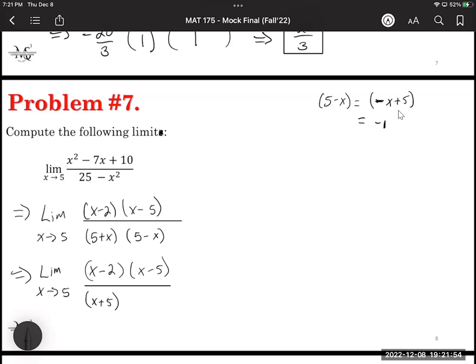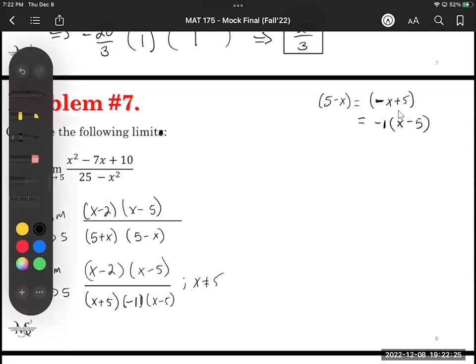If I factor out this -1, the negative x becomes a positive x, and the positive 5 becomes a -5. So you're going to get -1 times x minus 5, in parentheses. Now, as long as x is not equal to 5, the x minus 5s can cancel out.